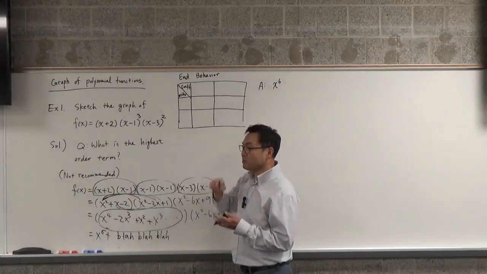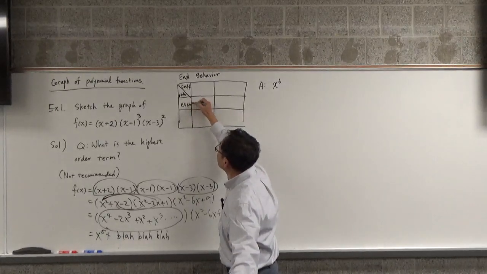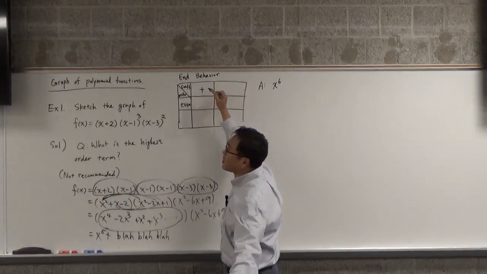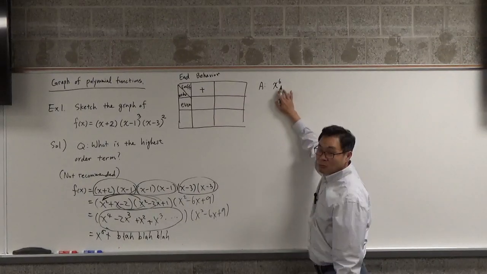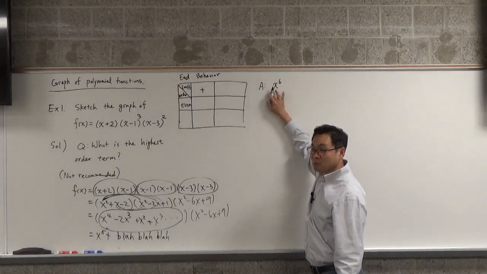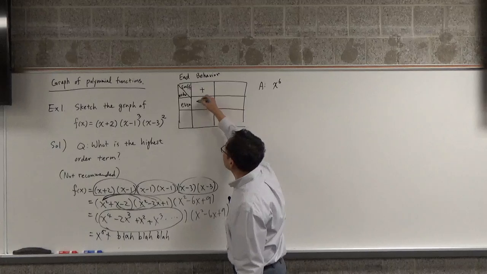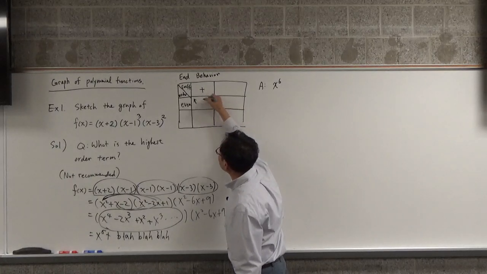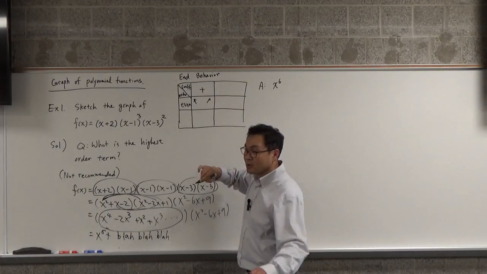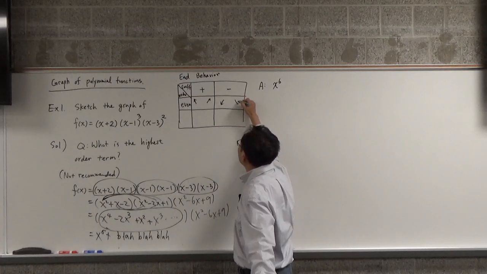Order and coefficient. If the order is even and the coefficient is positive, just like this one, right? What's the coefficient of x to the sixth power? 1, right? So it's positive. So it's this case. In that case, the end behavior of the graph is like this. If it was negative, then it would be that way.